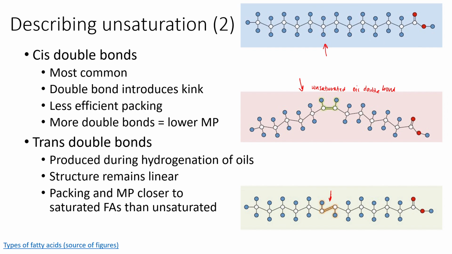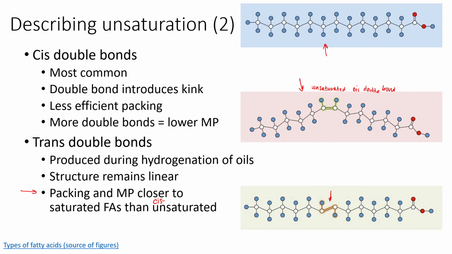But in reality, it doesn't behave completely like a saturated fatty acid, because you have some limitations in rotation, that kind of thing, in a trans fatty acid because of that double bond. And so ultimately, the packing and the melting point are close to saturated fatty acids, but they're really somewhere in between saturated and the cis unsaturated ones. That is supposed to say cis. I apologize.